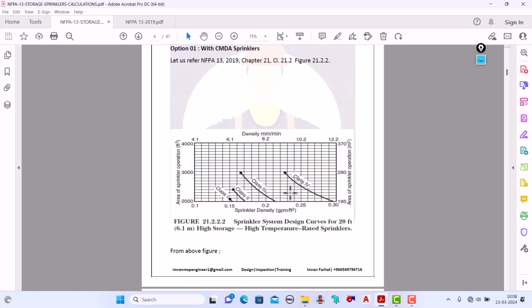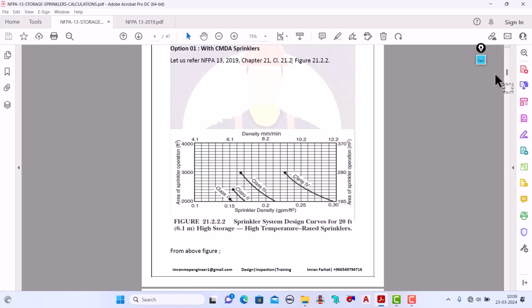For the safe side, we are going to use a high temperature rated sprinkler, and it also depends on the project. So suppose I'm going to use high temperature rated sprinkler, class 4, right?